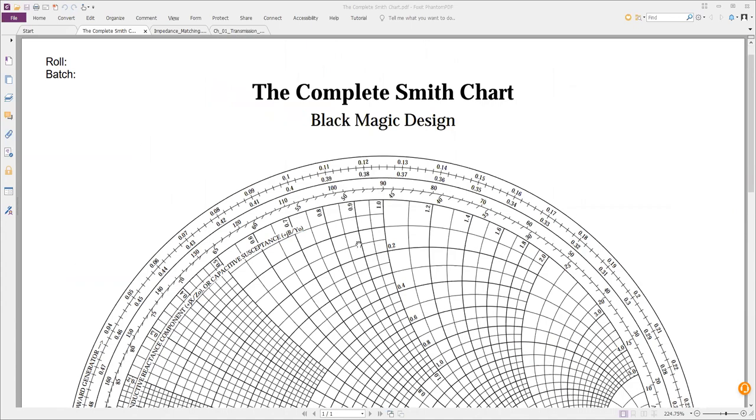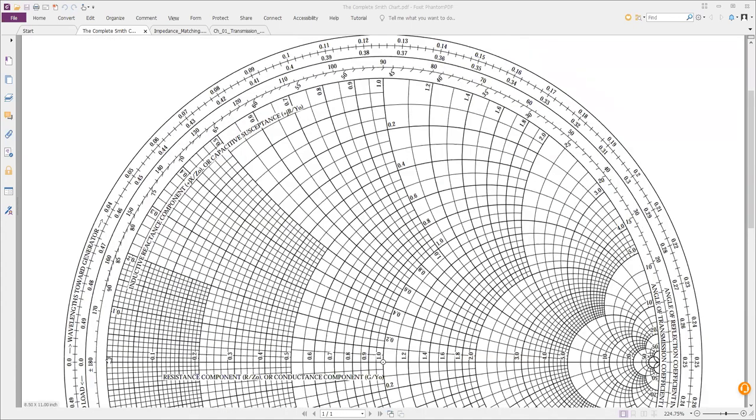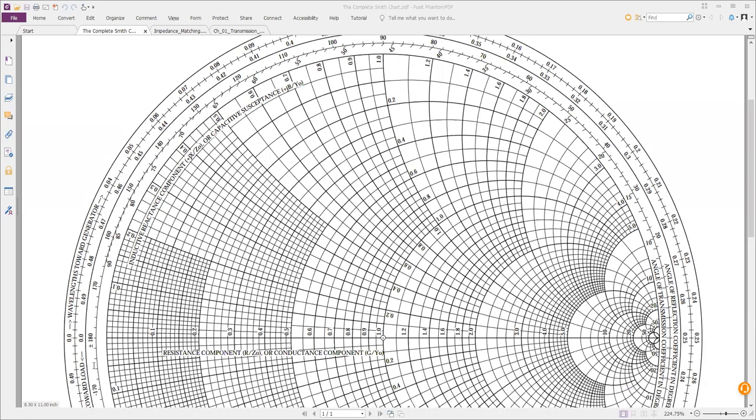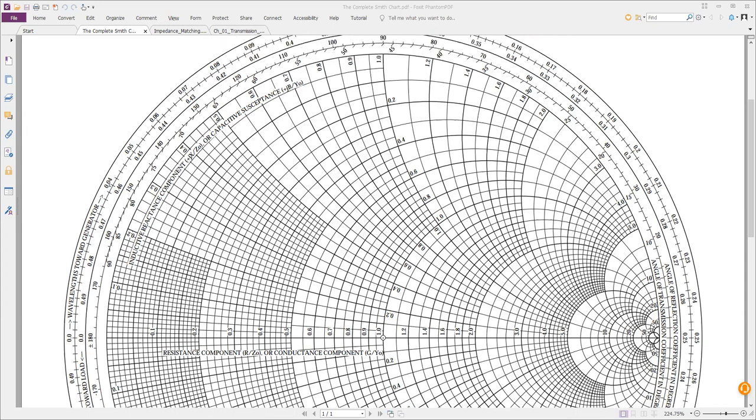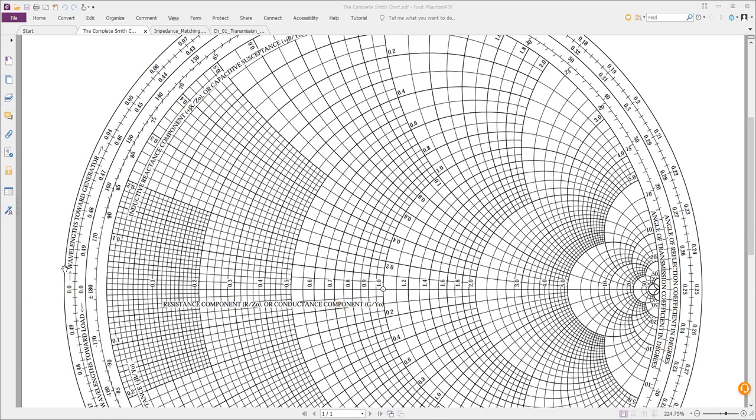So if you look at this line, this scale. Look at here. The first scale is the wavelengths towards generator. This is the first scale. Consider the wavelength towards generator. So what is the wavelength towards generator?